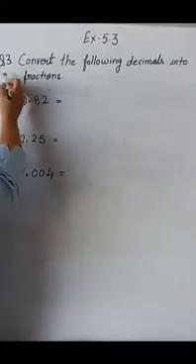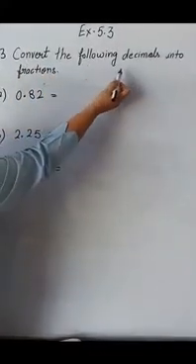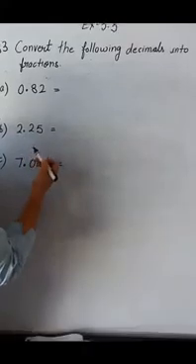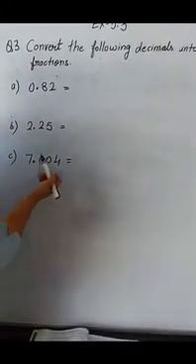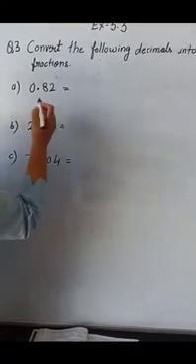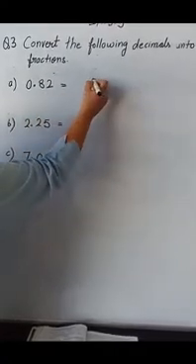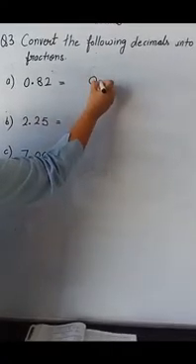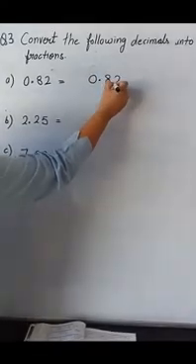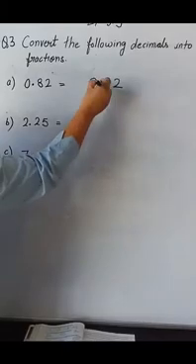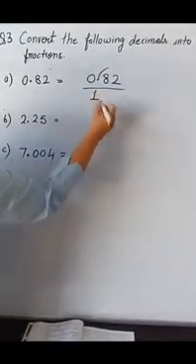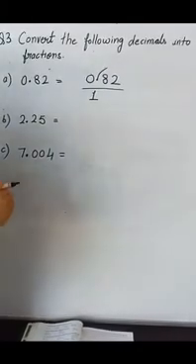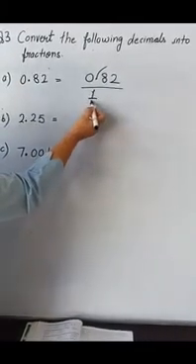Question number 3 is, convert the following decimals into fractions. Now these sums are in decimals, and we will convert them into fractions. We will write the number 0.82, the same number. Now we will remove the decimal and write 1 in the denominator.